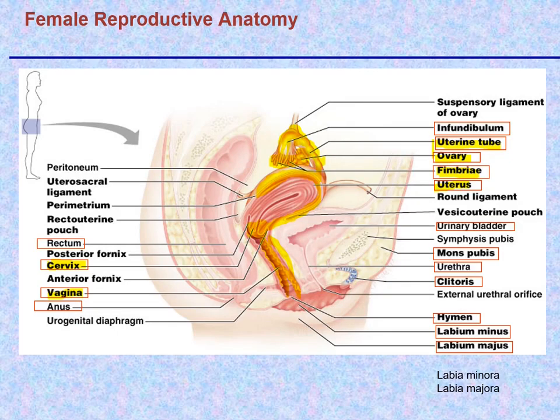And just to orient you, this is the bladder here, and there's the urethra. And again, to orient you, this is the anus here and the rectum here.